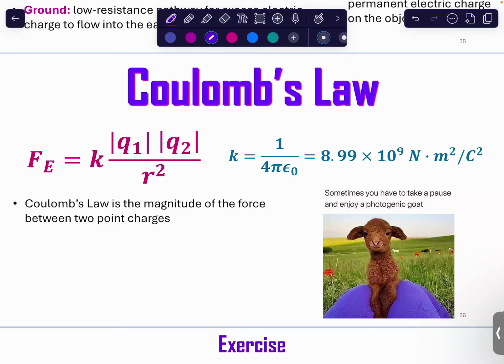So let's think about this. Here we have a positive charge and a negative charge. These two are going to attract each other.